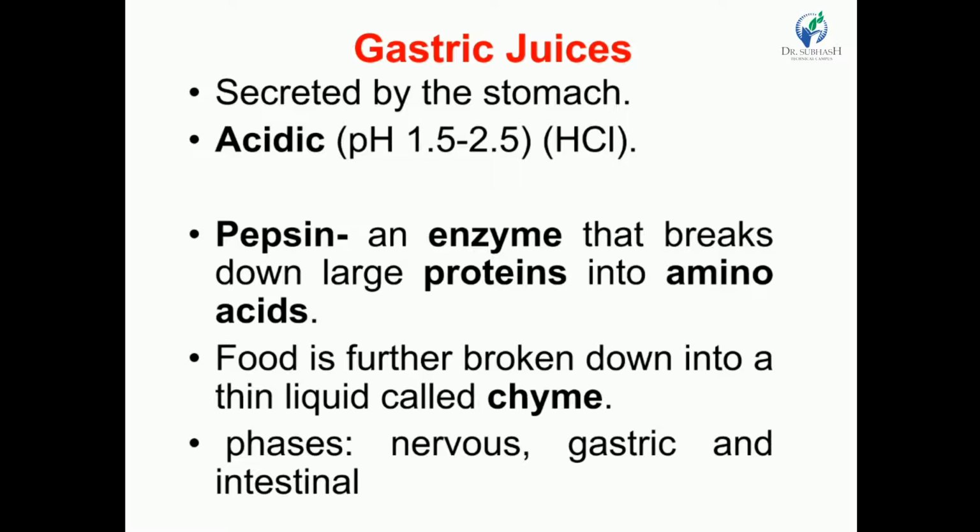Here, secretin, cholecystokinin, and the gastric inhibitory peptide, that is GIP, are hormones secreted by the small intestine, and they all inhibit gastric acid secretion. So further there will not be a release of gastric juices.